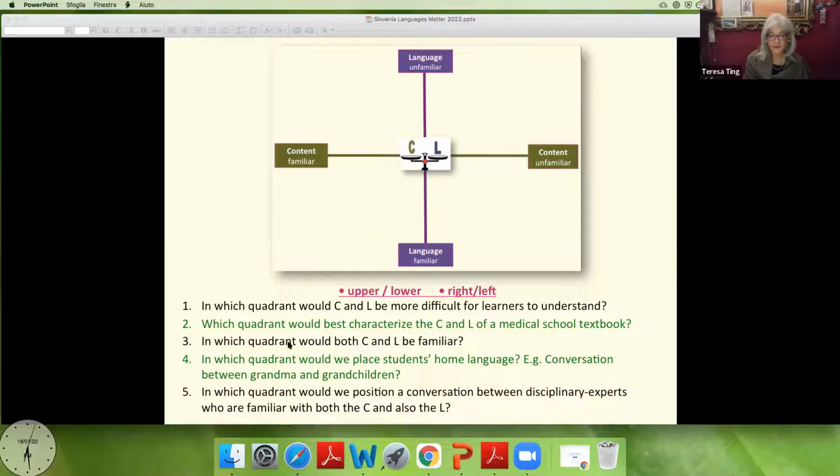Here. In which one would be home language, conversation between grandma and grandchildren? Probably here. And where would experts talking to each other be? Also here. They're experts. For them, content and language are both familiar. So even 2 medical doctors, medical students would be here. Medical textbook would be here though. I just want you to concentrate on these extremes.